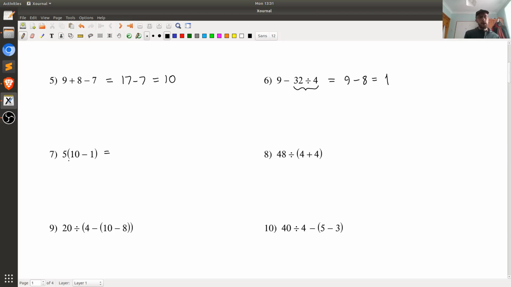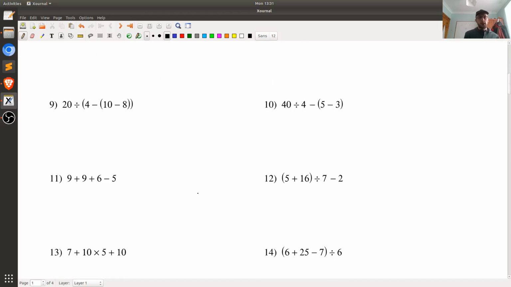Okay, handling the brackets first. This becomes 5 times 9, which is 45. And likewise over here, we have to handle the brackets first. 4 add 4 makes 8, so it's 48 divided by 8, which is 6. In problem 9, something a little bit more interesting is happening, where we have what are called nested brackets. The brackets are sort of inside one another, like that.